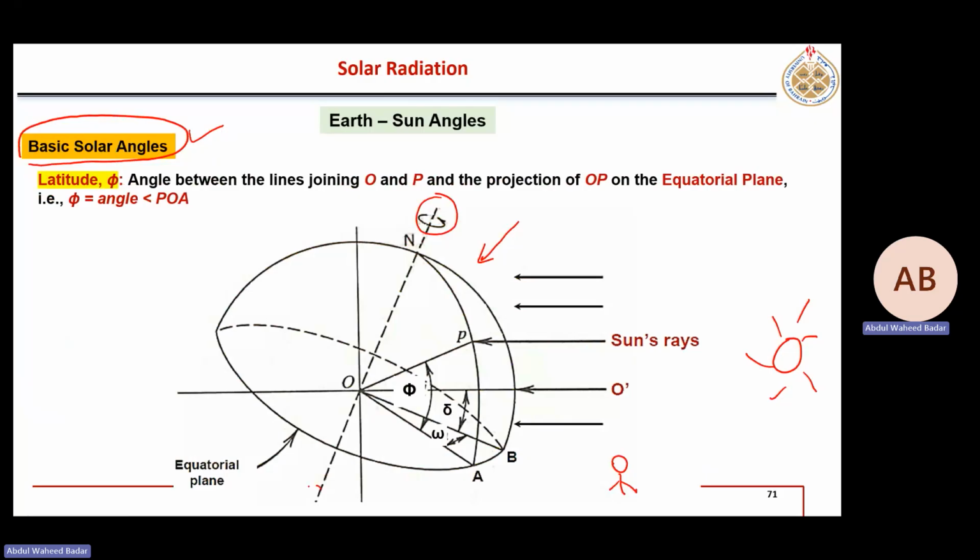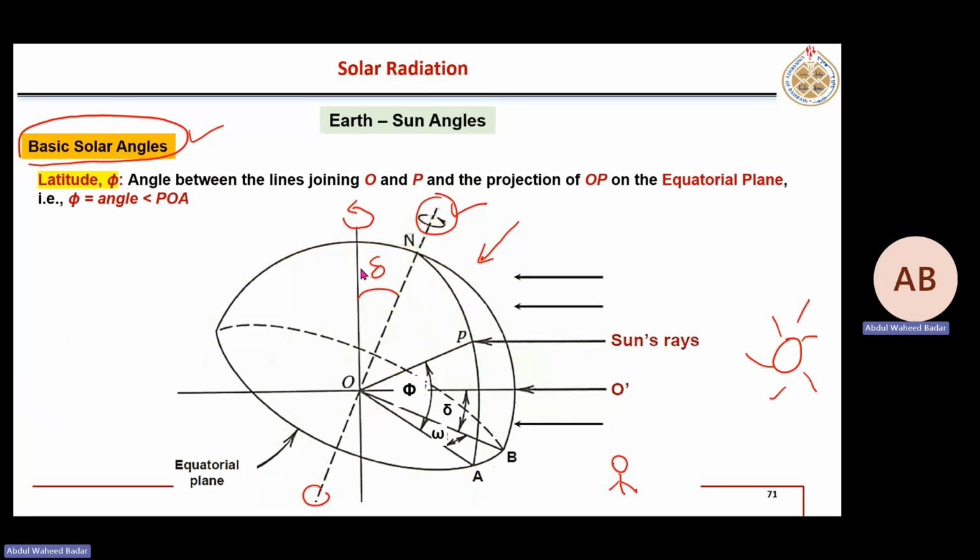It is not rotating along the vertical axis. Actually, the Earth is rotating along this tilted axis, right? Which we call the declination angle or delta. So Earth tilt is always there. Okay. So now we can define different angles.